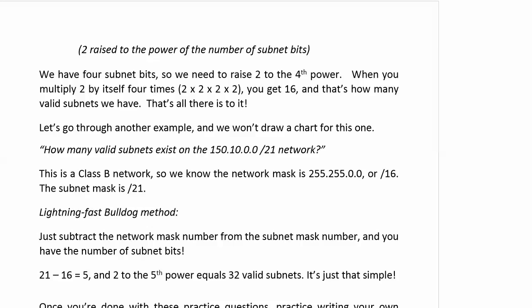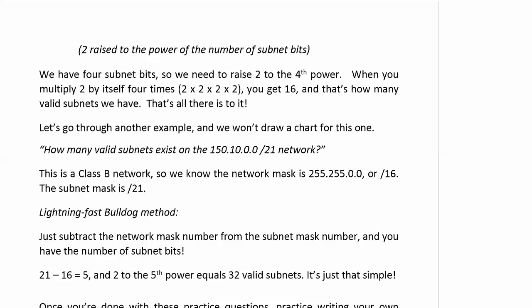Now, that is actually the long way to do this, and that doesn't take very long. But let's look through another example here, and we're not going to draw a chart for that one. Let's say you were given the network 150.10.0.0/21. This is a Class B network, so we know the network mask is /16. The subnet mask is /21.